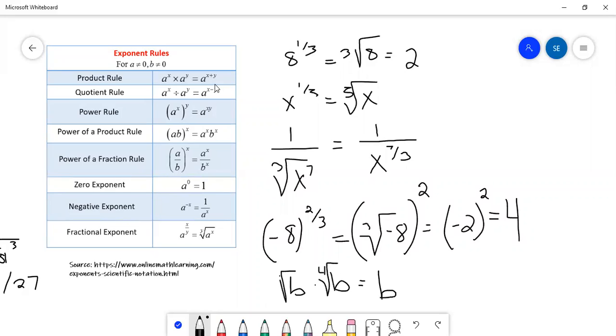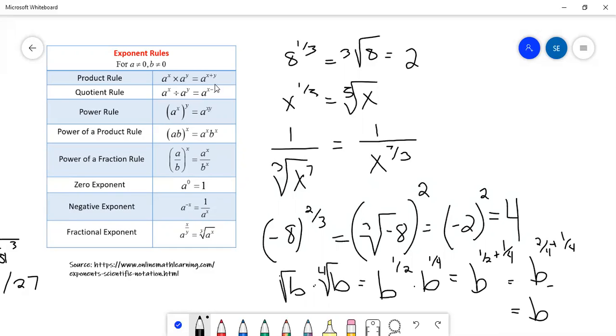The square root of b, so we had a 2 out here, is b to the 1/2, times b to the 1/4. That 4 becomes our denominator. When we multiply, we add our exponents. So this is b to the 1/2 plus 1/4, and 1/2 is 2/4 plus 1/4, so this is equal to b to the 3/4.